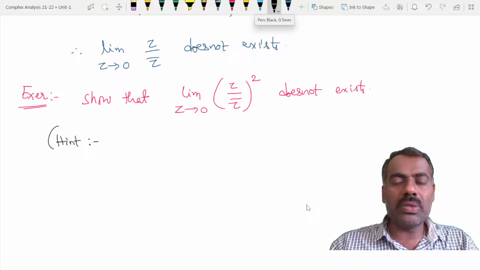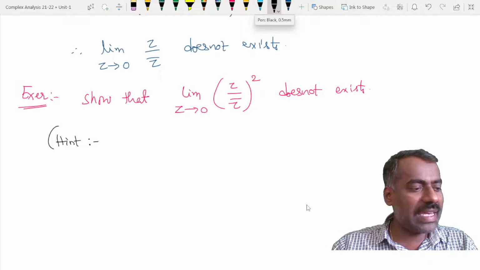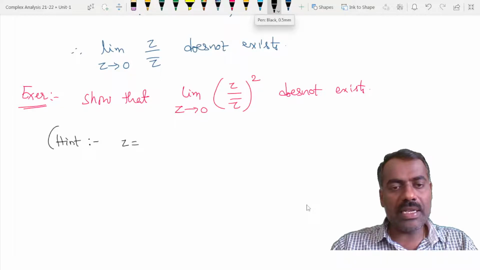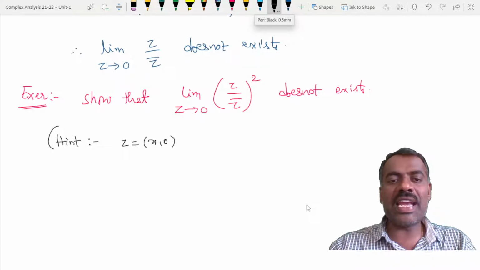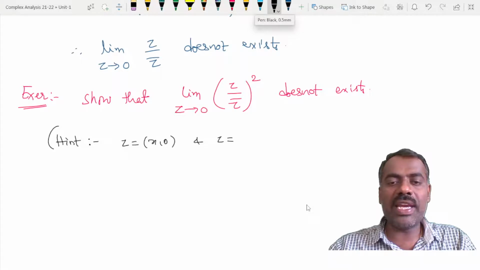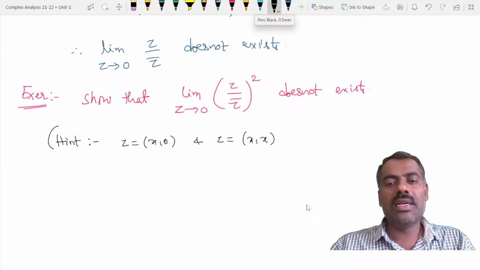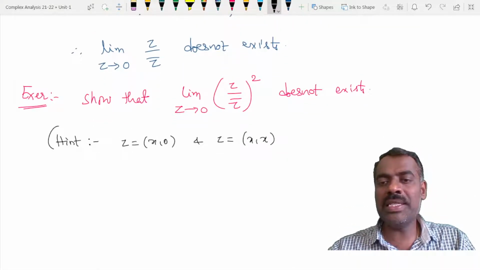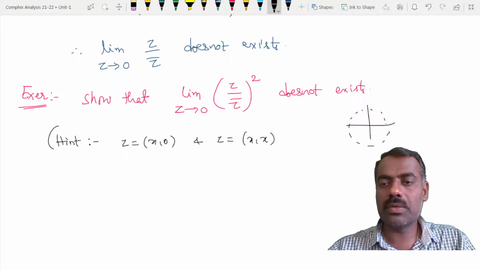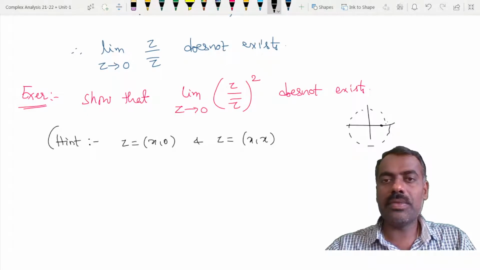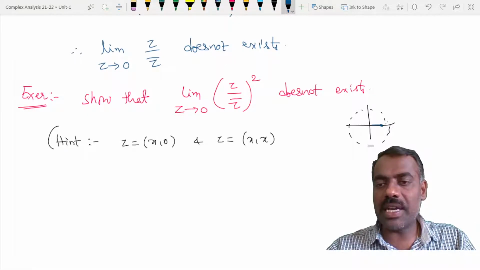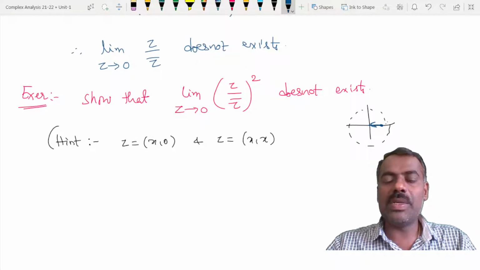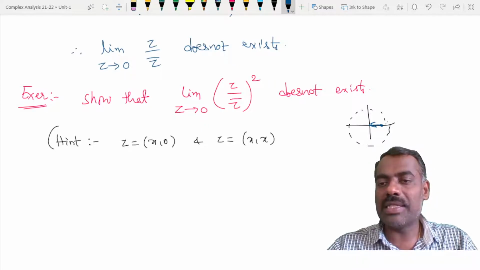z tending to 0. So one you take as something like x comma 0. Take one as x comma 0, instead of taking another as 0 comma y, also take x comma x. Are you following? That means if you take the point z, which is x comma 0, and the other one is x comma x, that means your x coordinate and y coordinate are both the same.